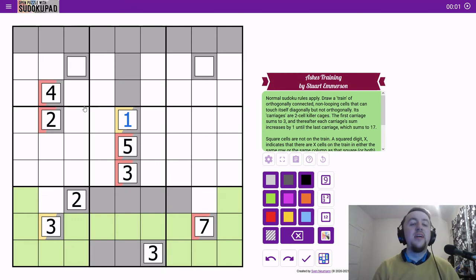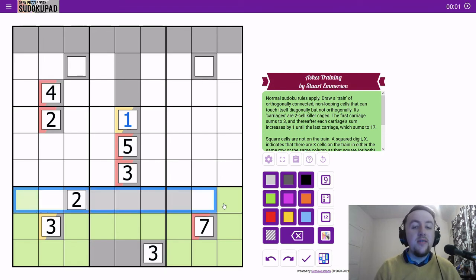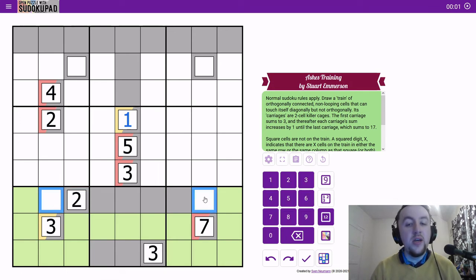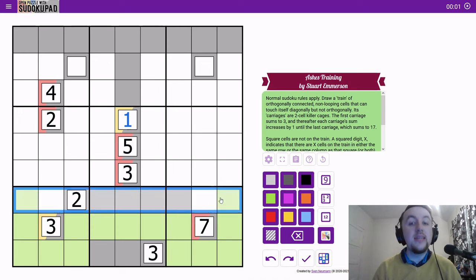It's not going to work. So either way, there are definitely 2 train cells in this row. That doesn't say for certain that this is a row clue. It could be both row and column, but we do know that there are exactly 2 in this row because of that.